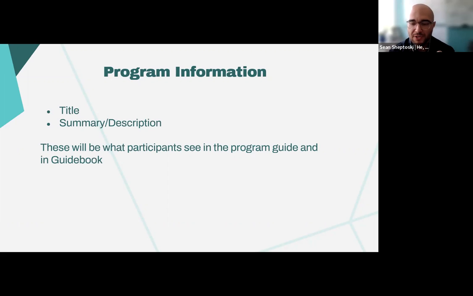And then the summary description, we ask that you be succinct, but accurately describe what you will do and cover in your session. Again, if you can make it catchy and attention grabbing, that would be wonderful. So you can get as many people at your session as possible.